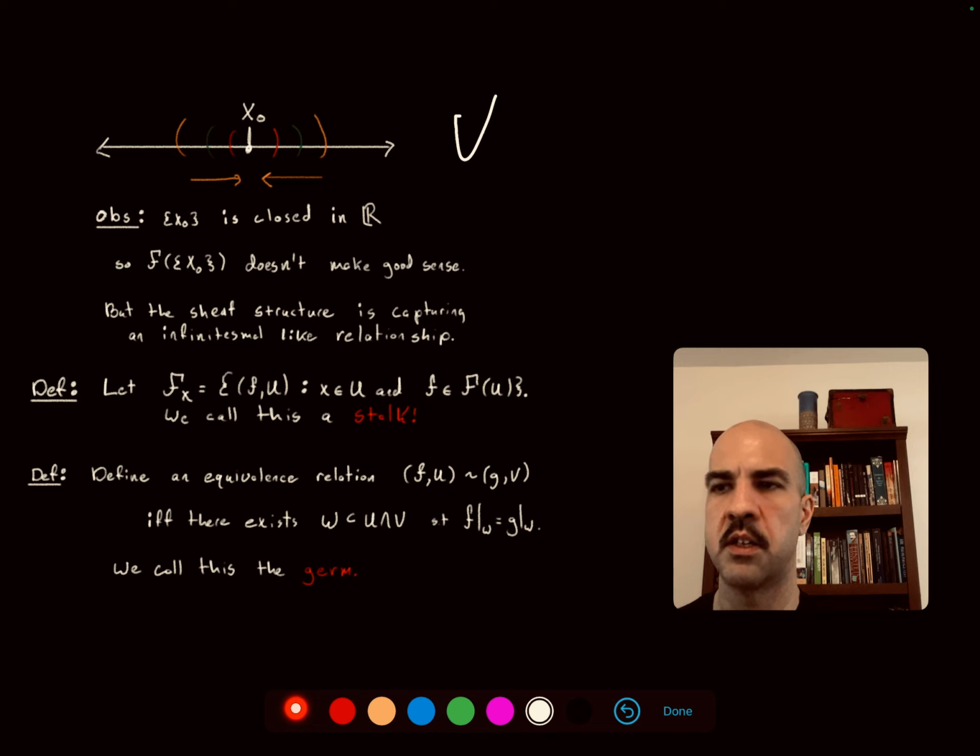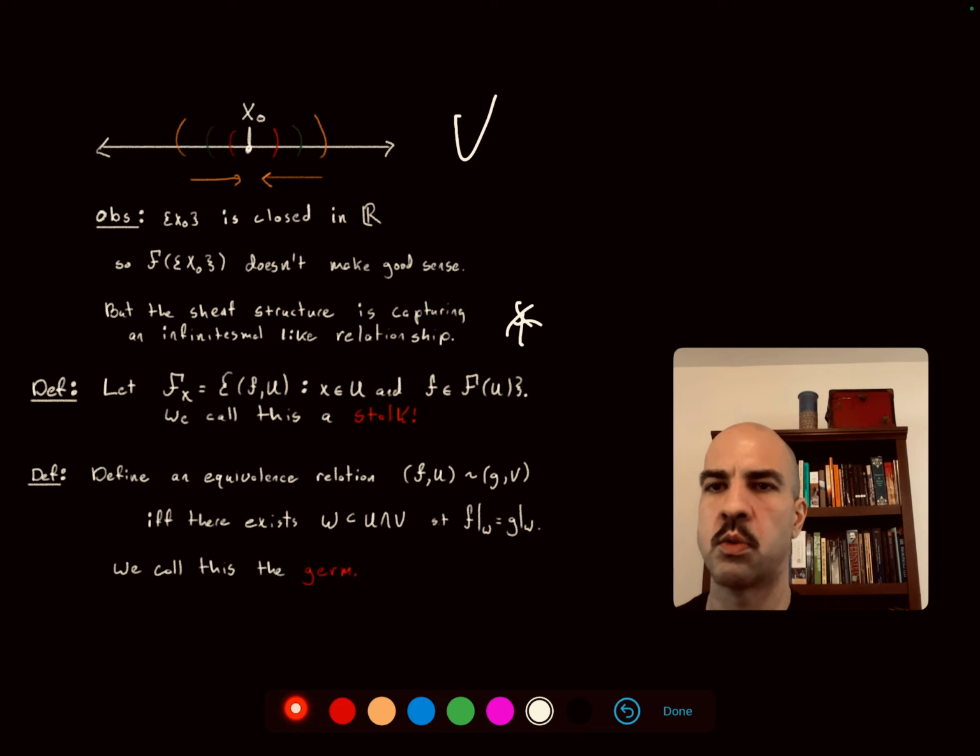So the functor applied to this closed point doesn't make good sense. So we notice that the sheaf structure is capturing some notion of an infinitesimal, because we're getting the shrinking of the real number line towards this point. So we want to encode this information and this data in our sheaf structure.